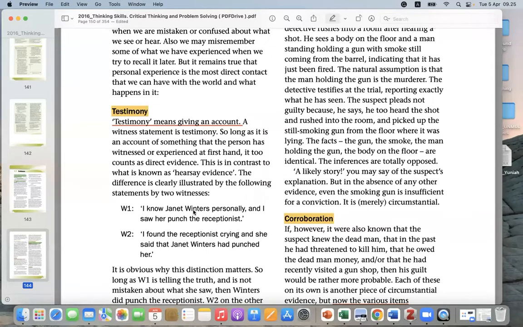So an account of something that the person has witnessed or experienced first hand. First hand means you are the first person who sees or experiences the things. So we can call this the first hand information, or something like this.